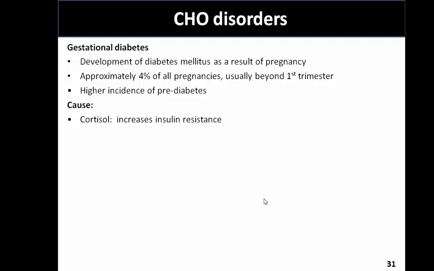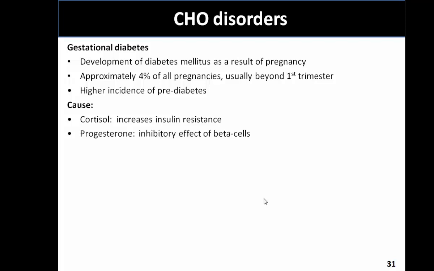There are a number of different theories as to why a woman would develop gestational diabetes in pregnancy. One theory is that the increase in cortisol secretion, the stress hormone of the body, has the effect of increasing insulin resistance by various cells.